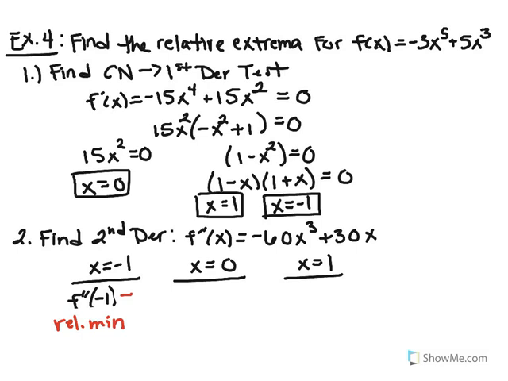When I plug x equals 0 into my second derivative function, I get a negative value, and I just realized that I made another mistake, but let's keep taking a look at this. So if my values are negative, it means it's concave downward, which means I have a relative maximum.